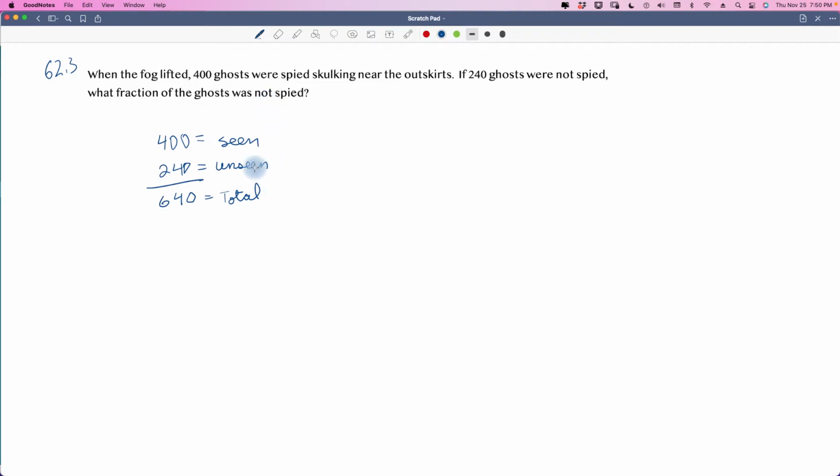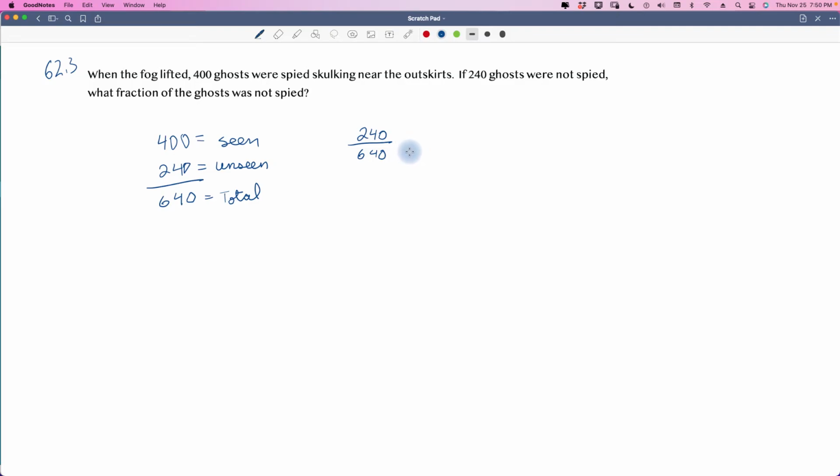So we are going to write that fraction here. 240 out of 640, right? That's our fraction. And all we really have to do is reduce that. Easy peasy.